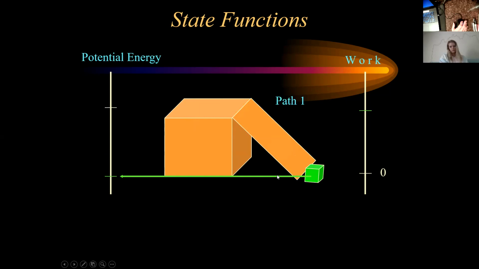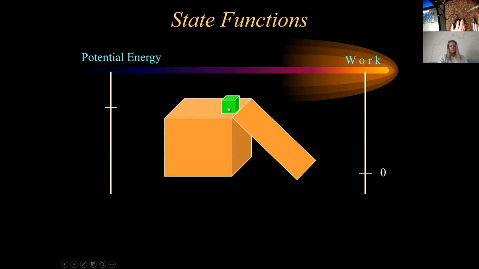You can define your reference state or your zero state any way you want to, and a logical one might be to call the potential energy of the floor your zero, because you can't get below the floor easily. So most of the time you're going to stay in the room and nothing can get lower than the floor. So we could call that a zero if we want to, that's okay. And then we see that amount of work done going off the ramp this way. So the potential energy got completely converted into work going by this pathway.